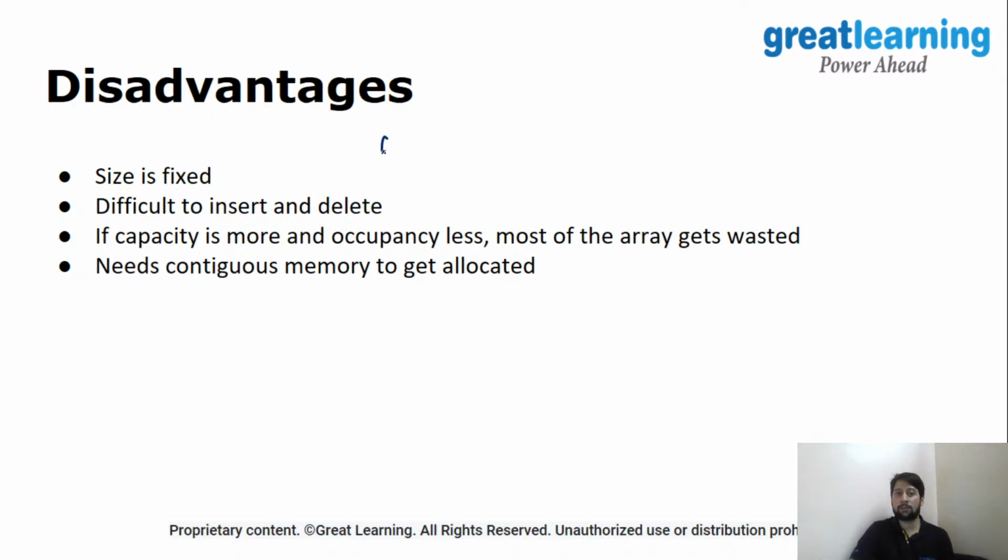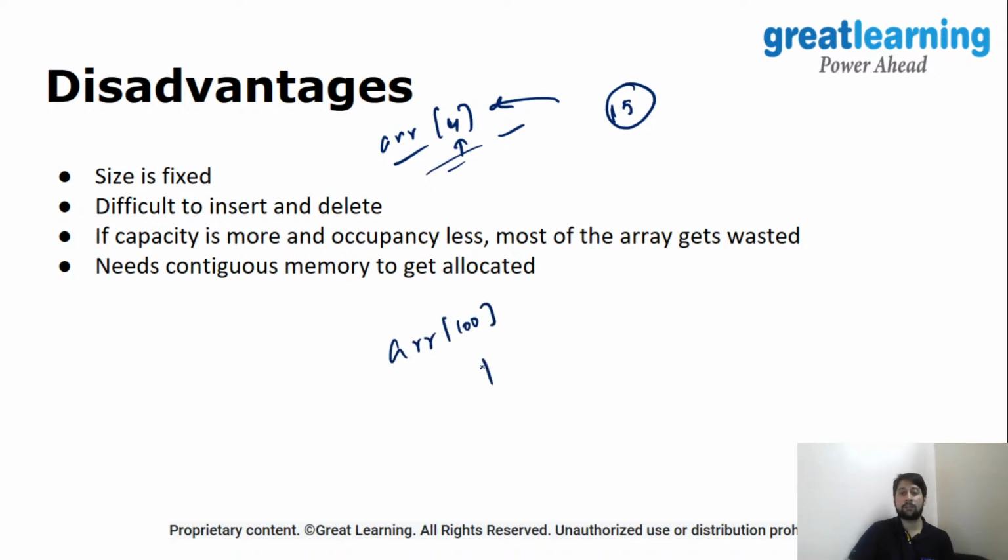So now what about the disadvantages. Obviously when you talk about arrays, the size is fixed. You have to define a size, and you cannot exceed it. Let's suppose you want to store 10 elements in this array or 15 elements, you cannot, because size is fixed. Another drawback is that if you have declared an array of 100 and then you are trying to store only two elements in it, the rest of the 98 elements are wasted.